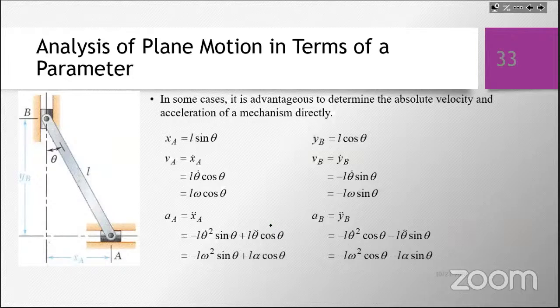Right? Same deal. I come here and do it for my y, right? I know y is L cosine theta. Take the derivative once, get negative L omega sine theta, and I take it a second time, and I get negative L omega squared cosine theta minus L alpha sine theta. Okay, this works if you 100% know what X A and Y B are, and it's a right triangle, right?